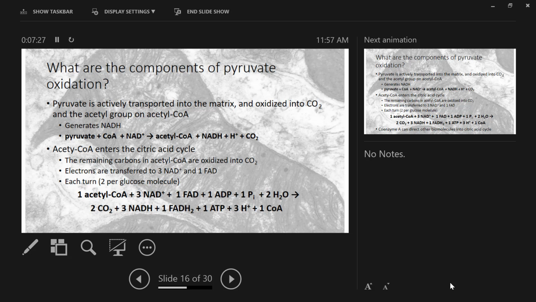We take acetyl-CoA, 3 molecules of NAD+, 1 molecule of FAD, 1 molecule of ADP, 1 inorganic phosphate, and 2 water molecules, and we produce 2 molecules of carbon dioxide, 3 more NADH, 1 FADH2, 1 ATP, 3 hydrogen ions, and 1 coenzyme A that can be recycled and attached to another acetyl group from a future pyruvate. So again, this is a reaction that does not actually happen, but is a summary of the Krebs cycle, which is 8 reactions.